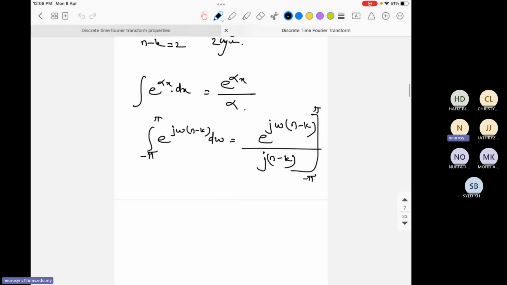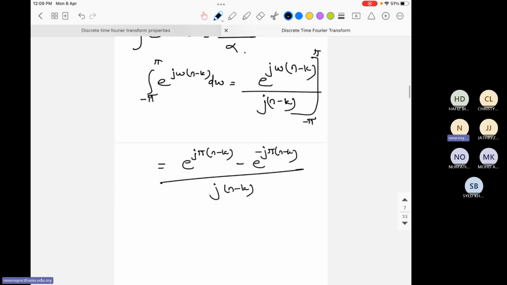Now if you put the limit here, what you will get? e to the power j pi (n minus k) minus e to the power minus j pi (n minus k), divided by j into (n minus k). So this is nothing but what?